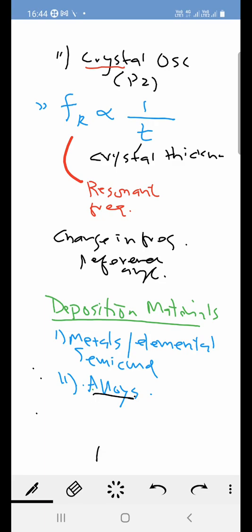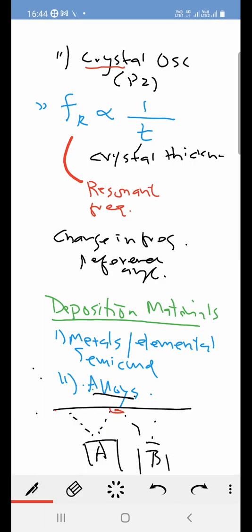In case of alloys, if we have two materials, A and B, and we allow vapor deposition from both sources onto the substrate, this is where the alloy is formed, where both A and B vapors come and mix. So you get an alloy AB. The monitoring of this alloy film is complex, because the evaporation from each source needs to be monitored separately.